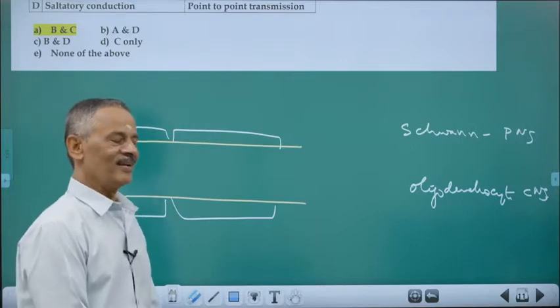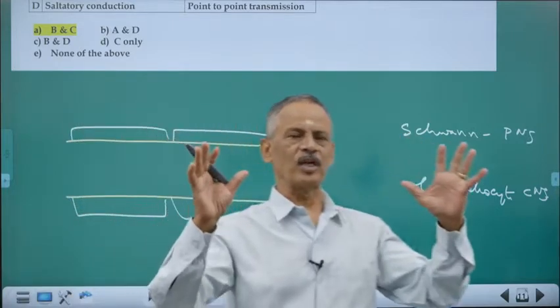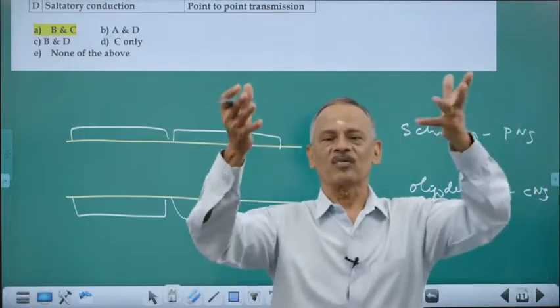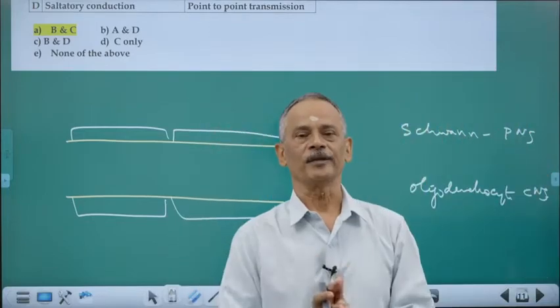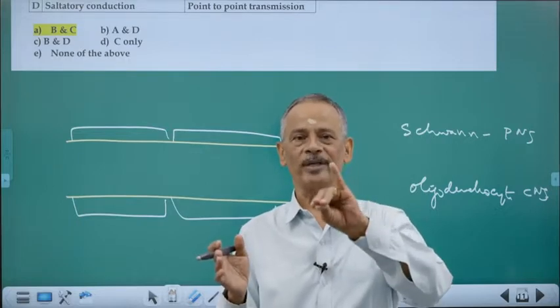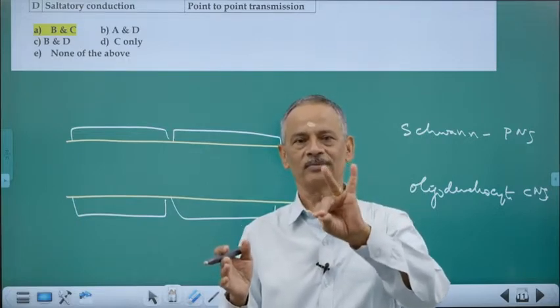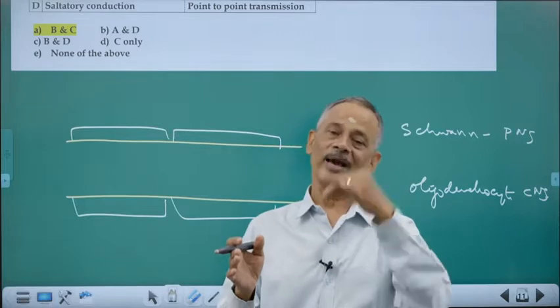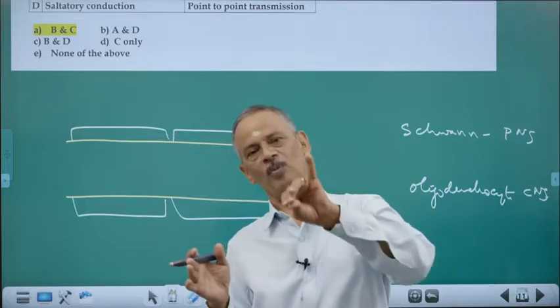Understand that glia cells constitute more than 50% of the total nervous tissue. They are very important. We can classify glia cells into microglia and macroglia. Macroglia are large. Microglia are small.